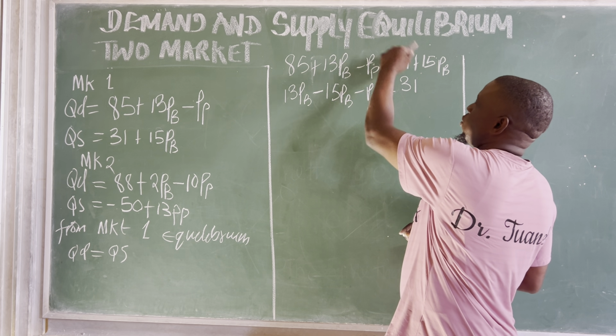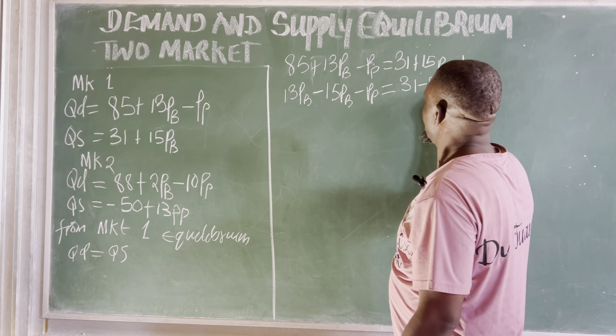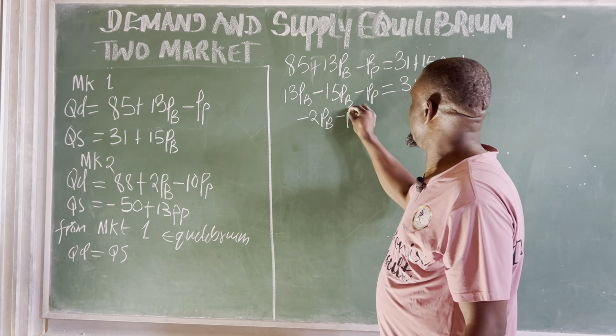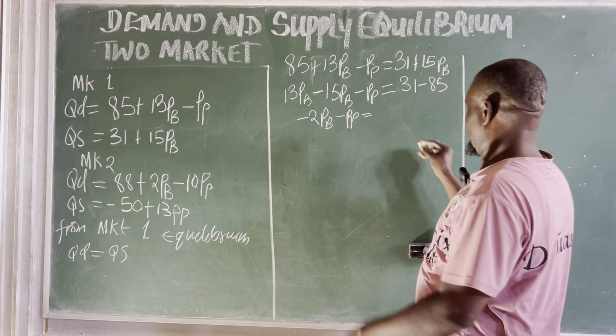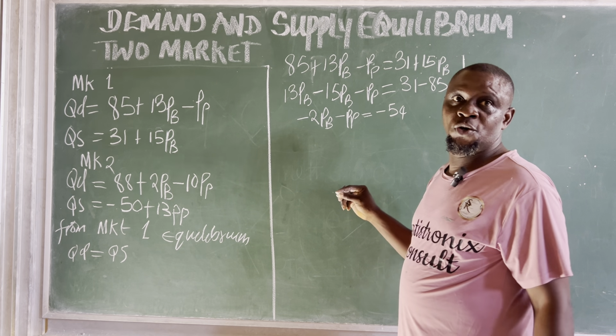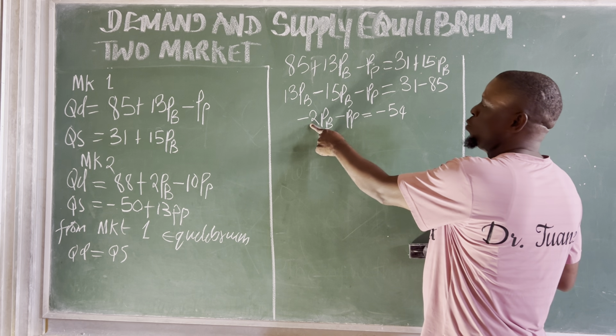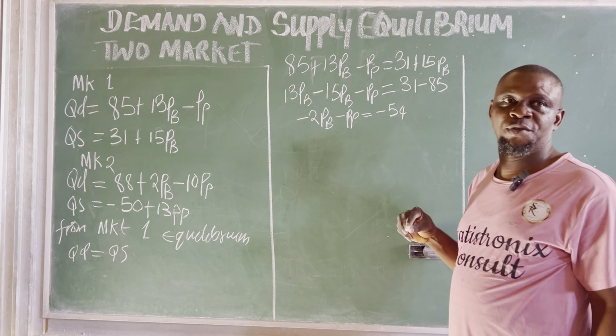So 85 will cross the equality sign to the other side and will be minus 85. So 13 PB minus 15 PB will be minus 2 PB, that is price of beef, minus PP will be equal to 31 minus 85, which is minus 54. So we now have minus 2 PB minus PP is equal to minus 54.